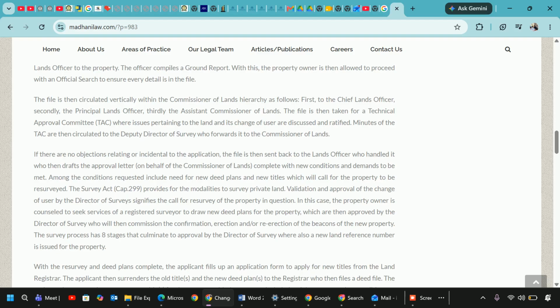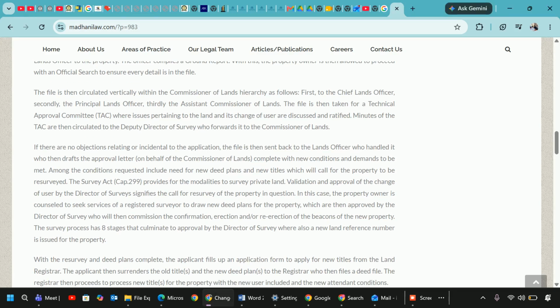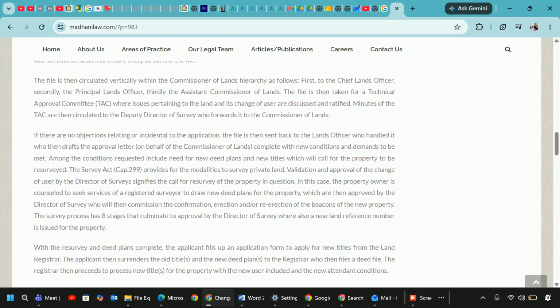Minutes of the TSC are then circulated to the Deputy Director of Survey, who forwards it to the Commission of Lands. If there are no objections relating to or incidental to the application, the file is then sent back to the lands officer who handled it, and who then drafts the approval letter on behalf of the Commission of Lands, complete with new conditions and demands to be met.